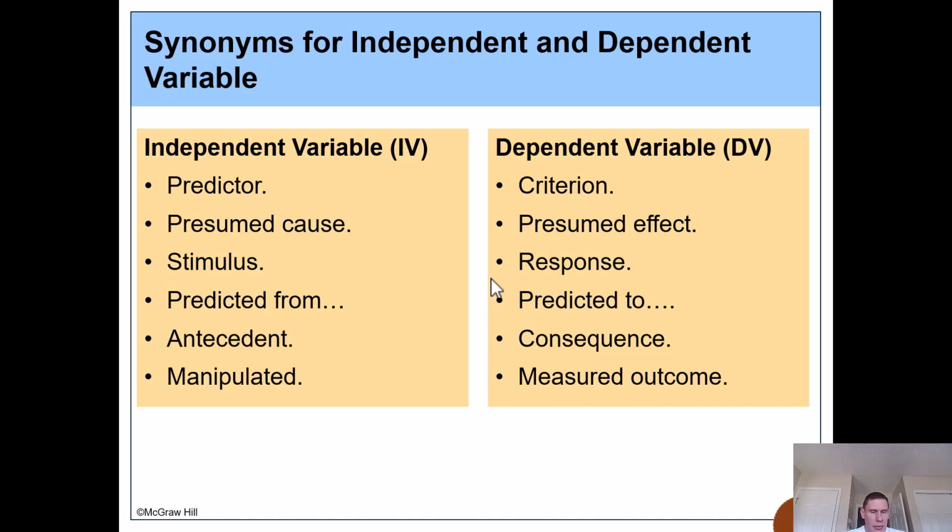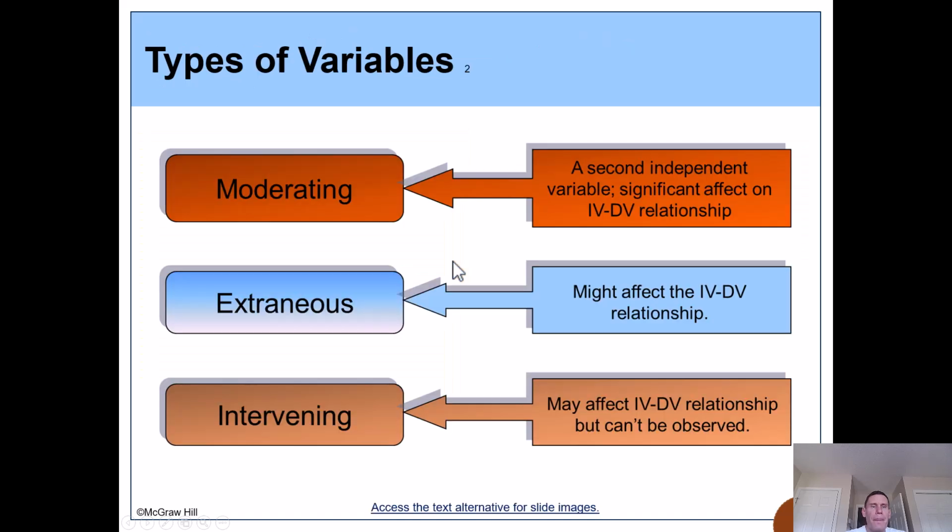Could be a stimulus. It could be predicted from. Could be the antecedent, and it may be manipulated. The dependent variable is the criterion. It's the presumed effect. It's the response to the stimulus. And again, you're matching these up, right? Predicted from, predicted to, antecedent versus consequence, manipulated versus measured outcome.